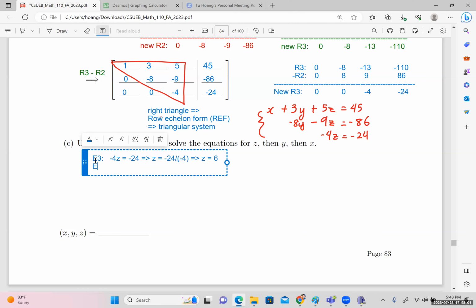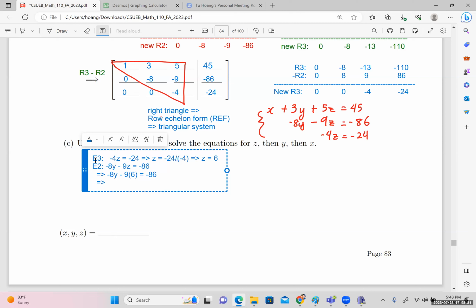Then for equation number 2, we say negative 8y minus 9z equal to negative 86. So I can substitute and make negative 8y minus 9 times 6 equal to negative 86.